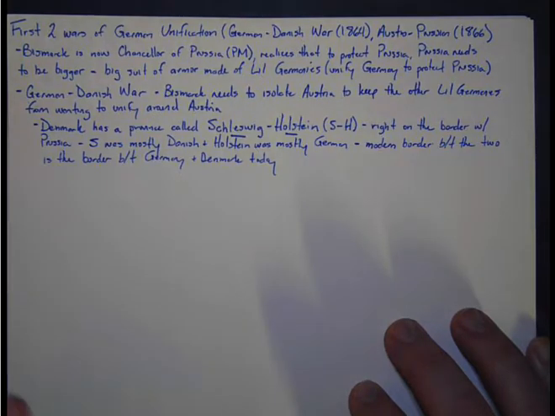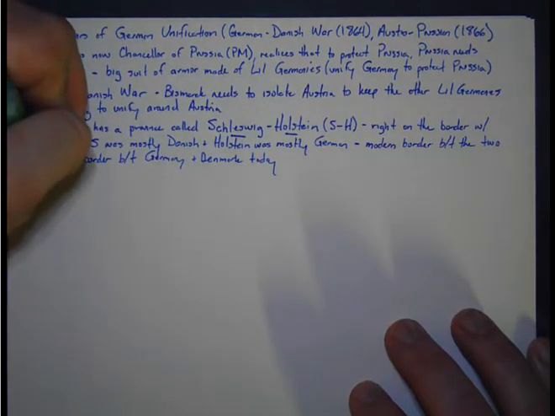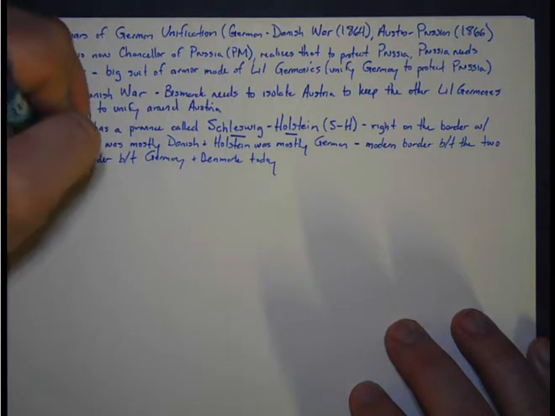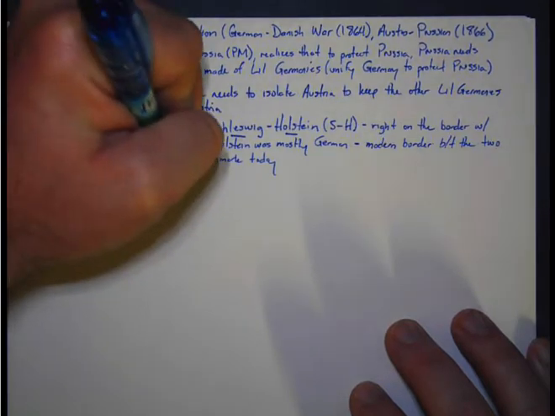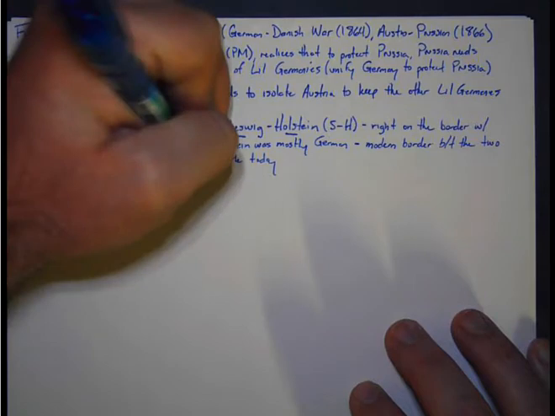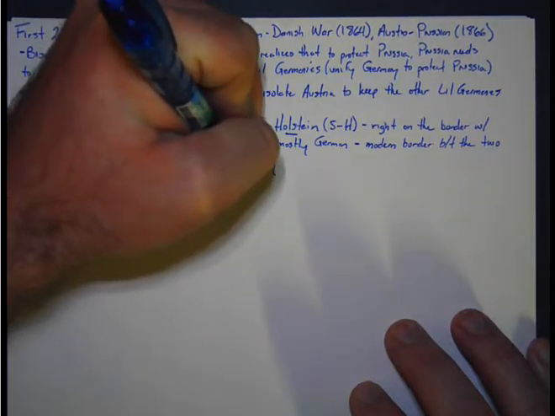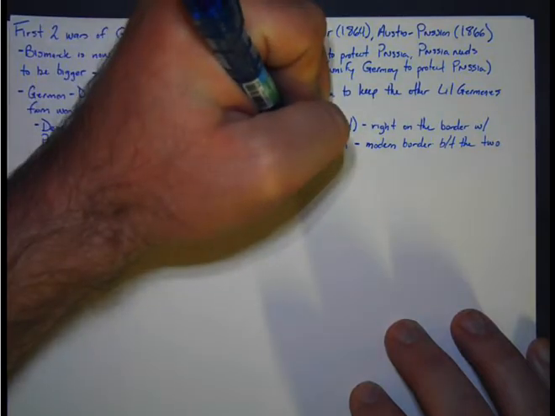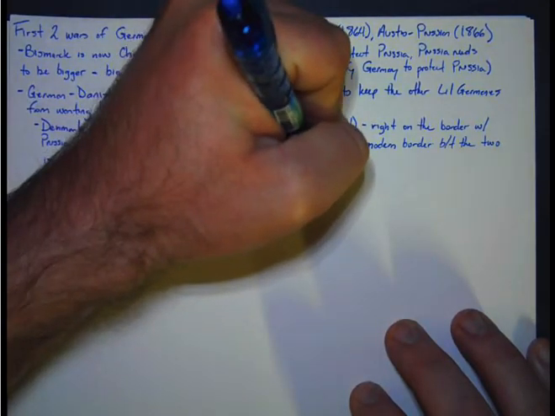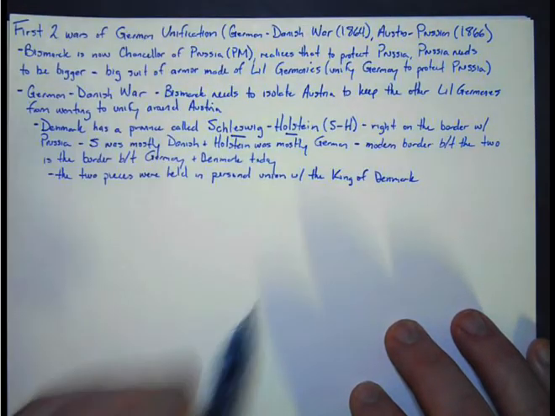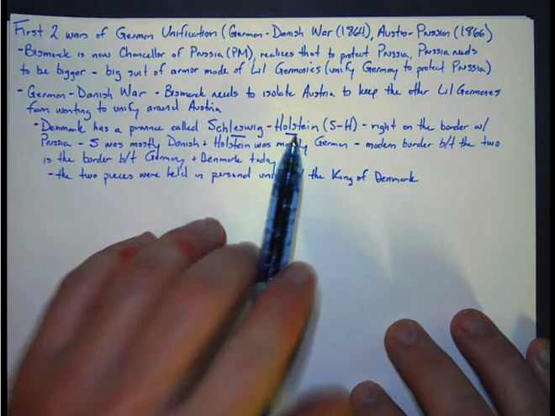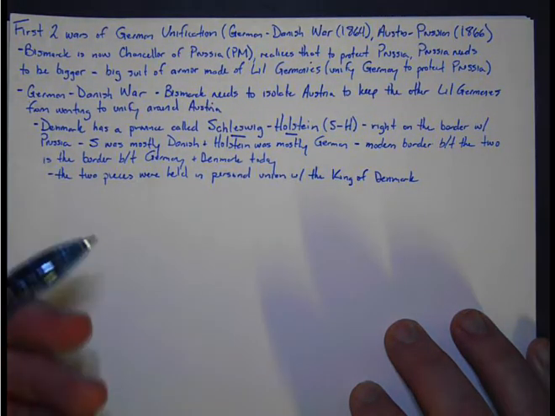Now, here's where things get a little bit detailed and out in the weeds, but bear with me. The two pieces were held in what's called personal union with the King of Denmark. Meaning that Schleswig and Holstein were not technically part of Denmark.